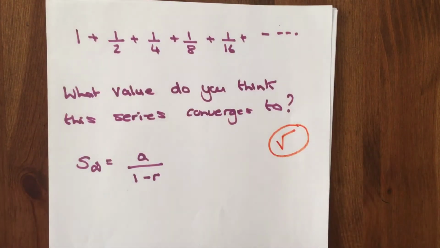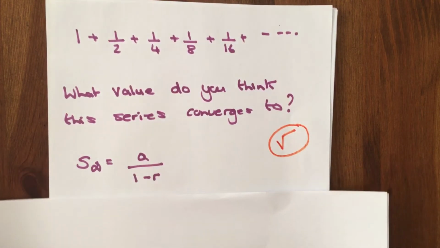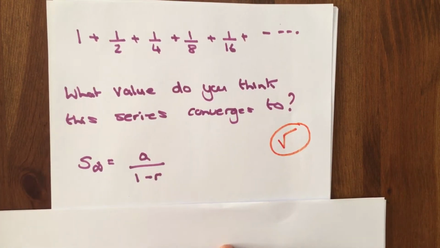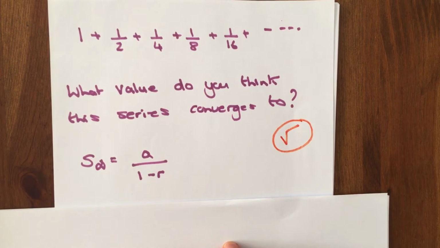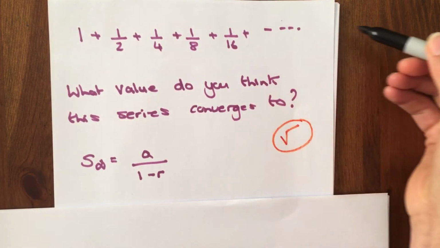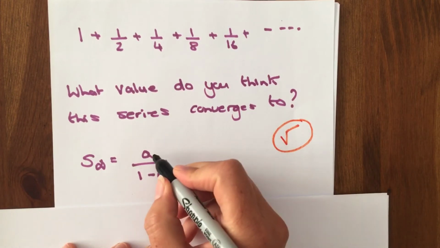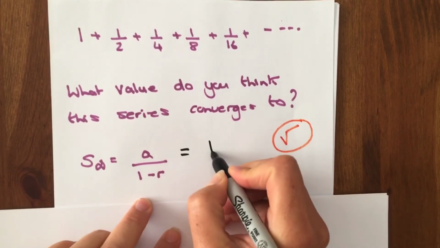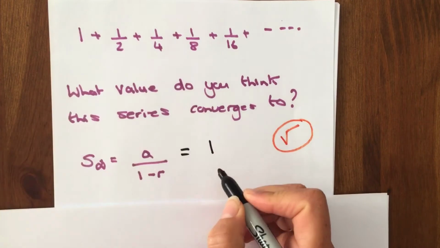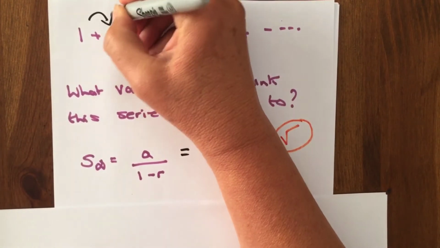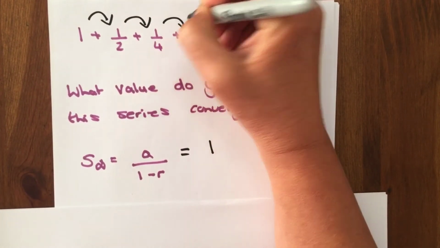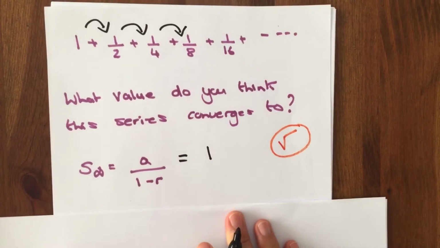Okay, so what are we going to look at now? We're going to look at this sequence. So I asked you, what do you think this converges to? Okay, so we keep on adding smaller and smaller values. Well, a is 1 and r is a half. We're timesing by a half from one term to the next.